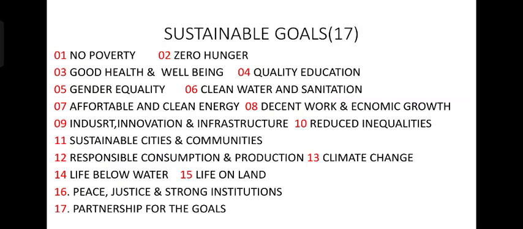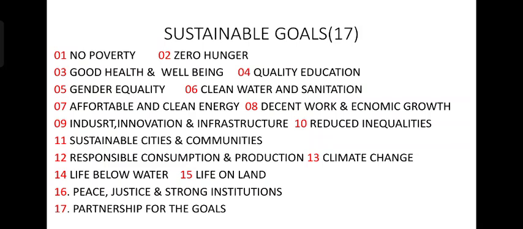Then in the starting part, it talks about hunger, poverty, having better health, well-being, gender equality. It's talking about quality education, water, sanitation. Such basic necessities could be remembered in such a way.